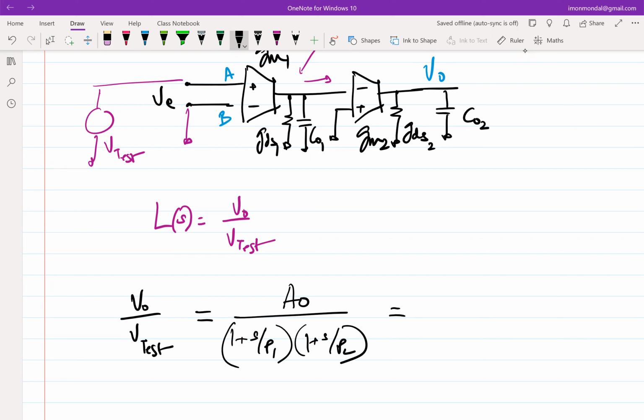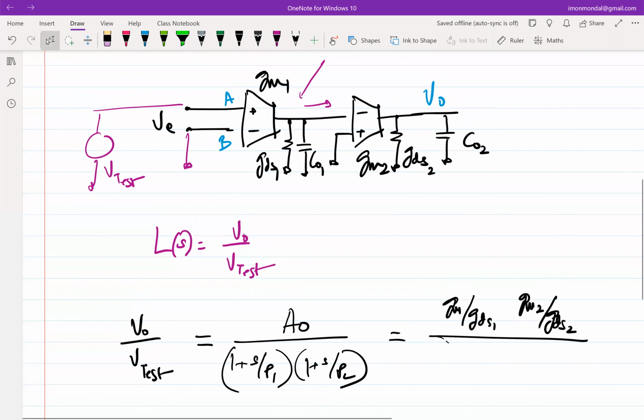GM1, GM2 divided by GDS1 plus S C01? No, DC gain A naught is when you're at DC, which means all capacitors are open. So it's effectively the multiplication of individual gains of GM1 and GM2, right? So that becomes GM1 by GDS1 times GM2 by GDS2, divided by 1 plus S by P1 times 1 plus S by P2.